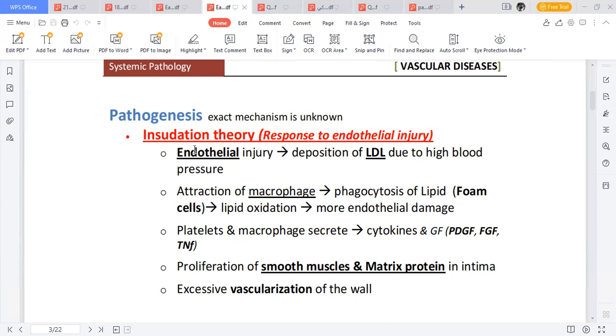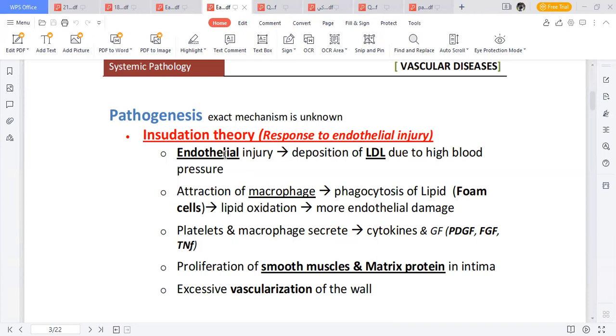That is the theory postulated to cause atherosclerosis. The mechanism is exactly not known, but the response to endothelial injury is the one postulated to be the most significant cause of the development of an atheroma in the tunica intima.